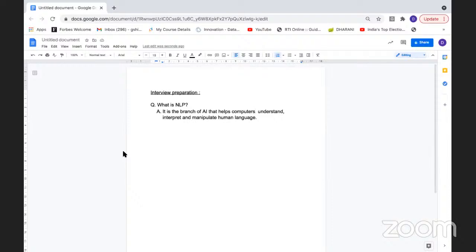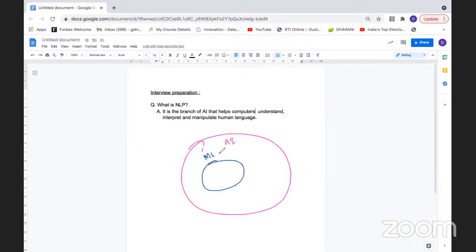So anyway, we know that it is related to text mining. If the entire thing is AI, in that we have a subset which is machine learning, and in that a small subset which is deep learning.